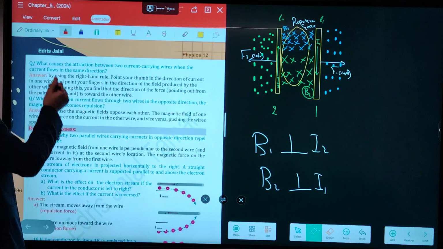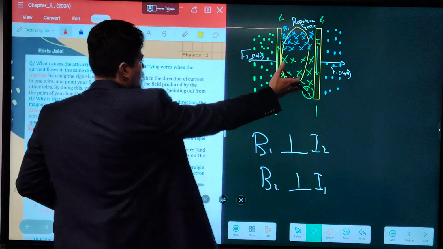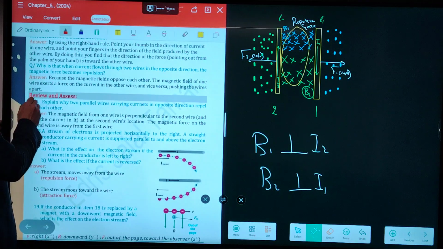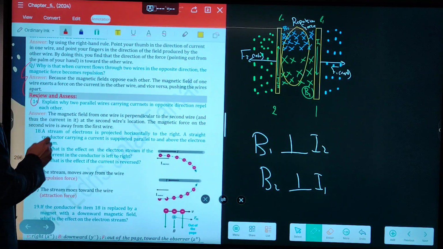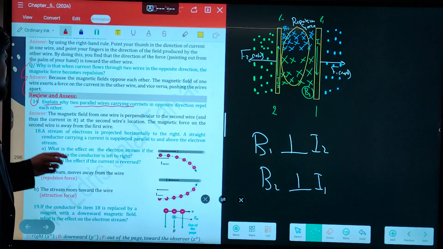These two questions: why currents in the same direction become attraction force. I explain it, as you can see in this figure, because of the fields. Question 14 is the same as these two questions. Explain why two parallel wires carrying current in opposite directions repel each other.